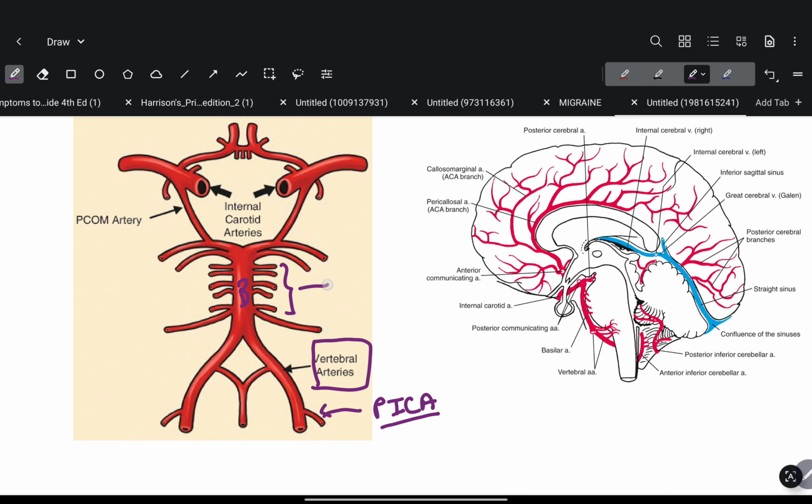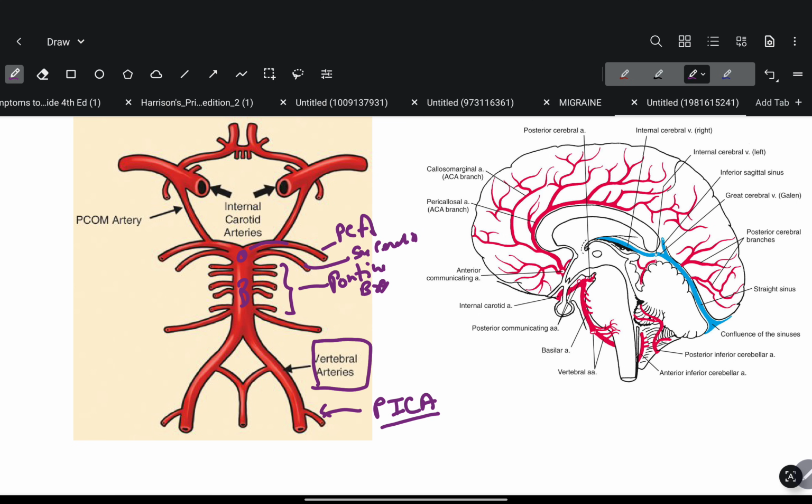It gives its own branches, also known as pontine branches. Then the top of the basilar, wherein the posterior cerebral artery is originating, and this is the superior cerebellar artery.